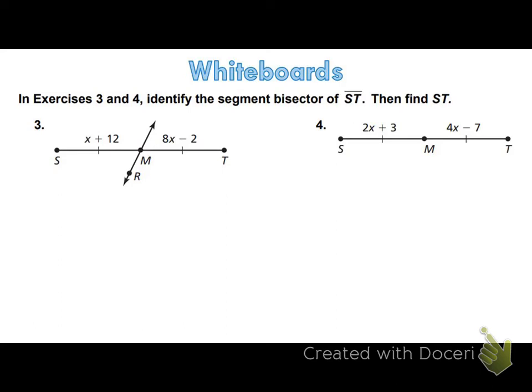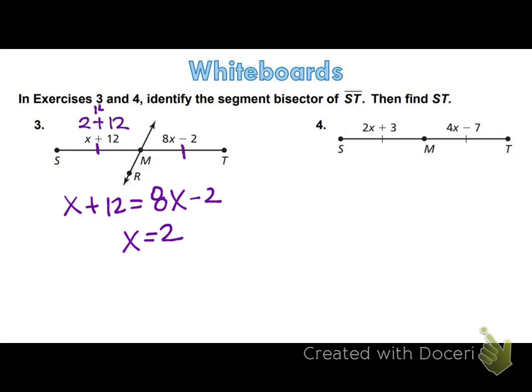So you can check yours if you haven't already. What do we do here? You gotta get it right now. We set them equal, right? Okay. What do we get for x? 2. You don't just double it. What are we gonna do with this x? Plug it in. So a lot of people are plugging it in here and then saying the answer is 14.